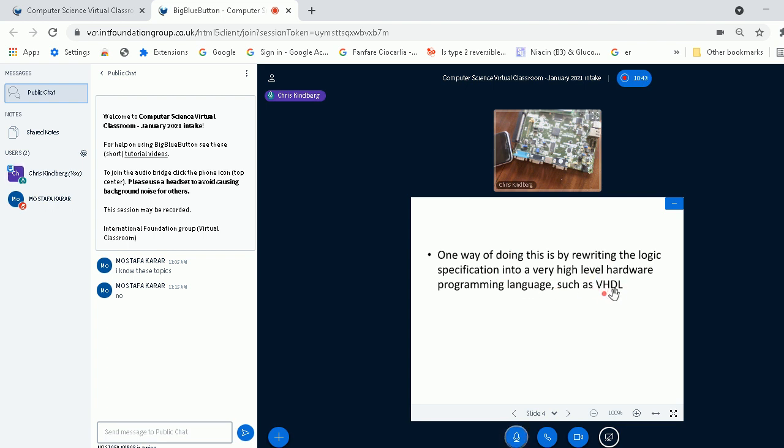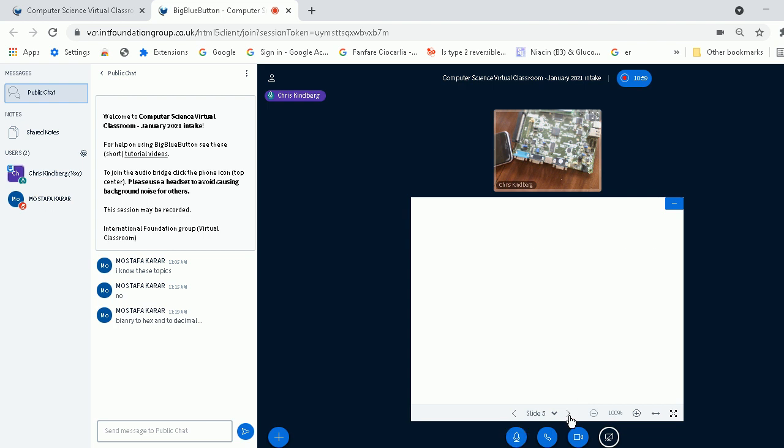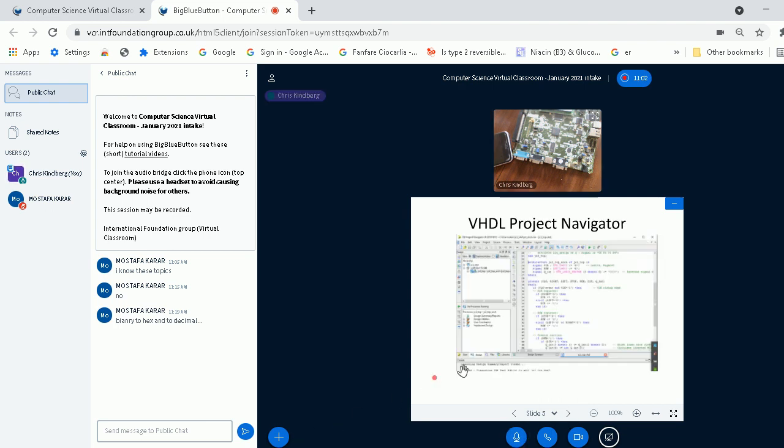So if you're interested, if you're open-minded, you might spend 5 minutes just looking at VHDL. And I think it's still used in quite a large way all over the world. But there are alternative ways of doing that now.